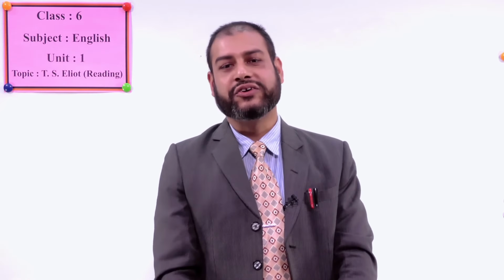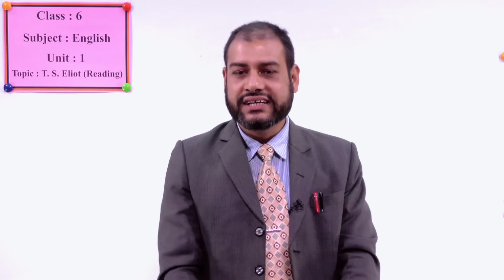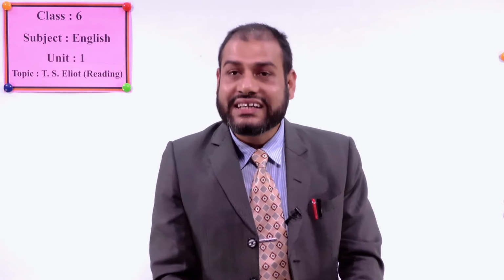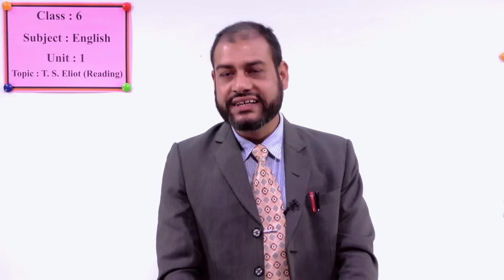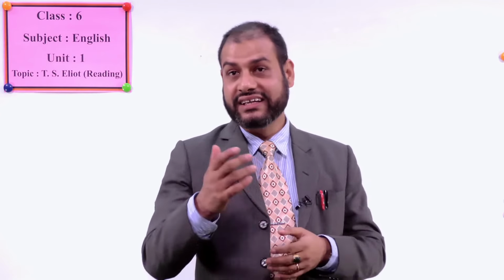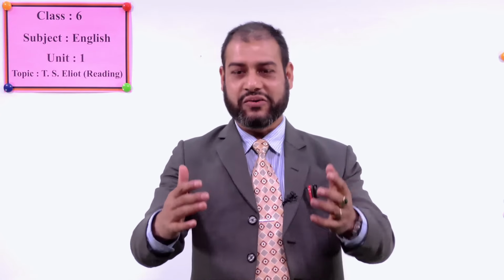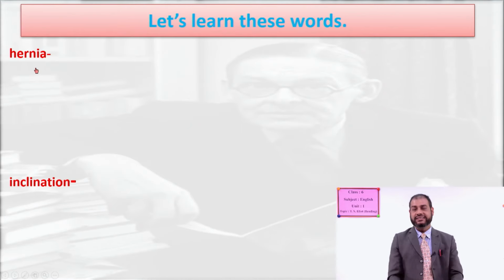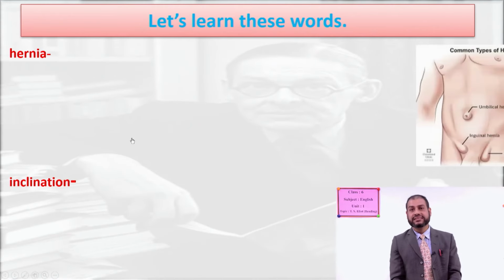Now, I hope in this context, you might have already made a guess of the meaning of the word inclination, because hernia, you have already told me that it's a name of disease. And then inclination. Now, you can check your meaning with me. Hernia, of course, it is a disease, but what type of disease it is?